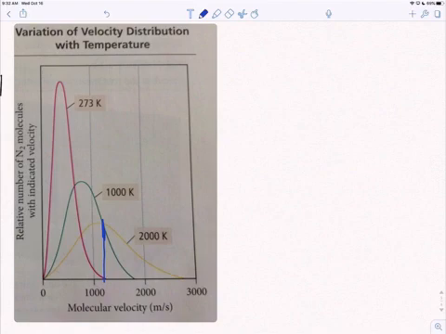Which means that there's a really, really tiny amount of gas particles in air that has enough energy to break down, well, it's mostly sugar, it's mostly cellulose. So there's enough energy in there to break down the paper.